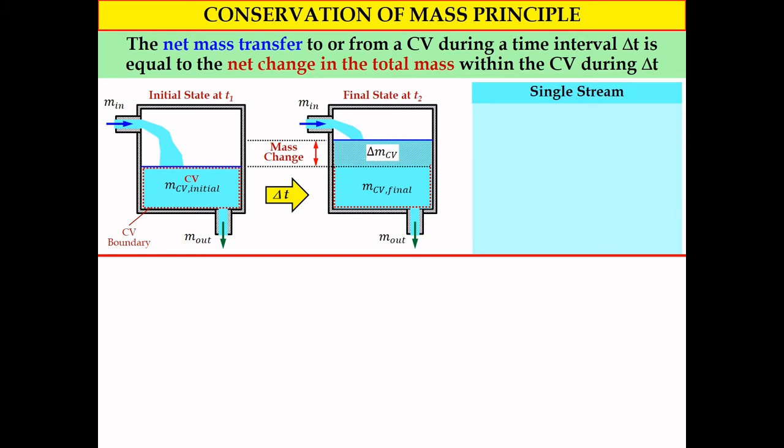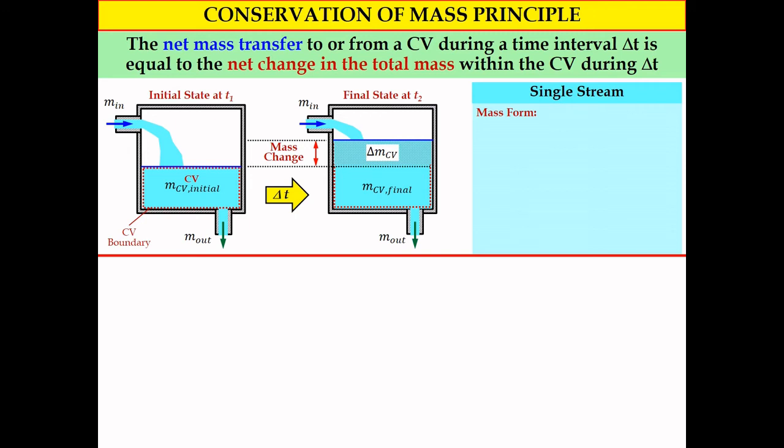Based on the definition of the conservation of mass principle as I mentioned before, this system refers to a single stream system, and the equation involving mass is the conservation of mass principle.